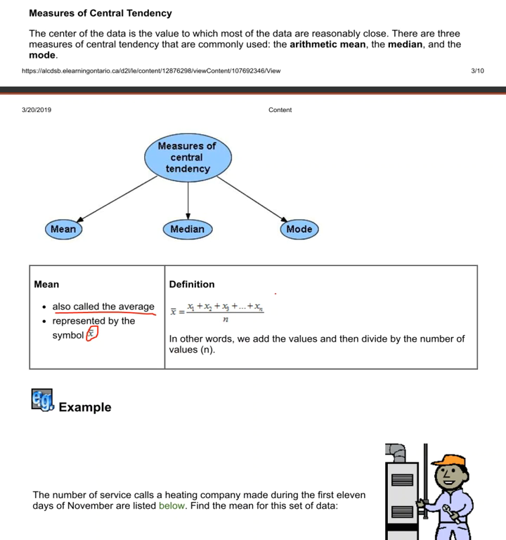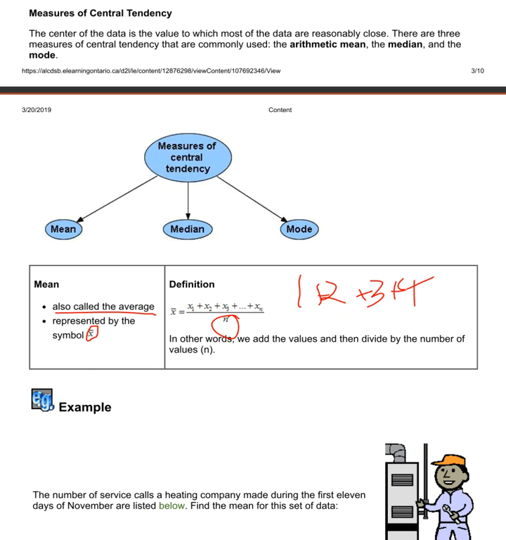I'm going to switch into tablet mode so I can tackle this a bit better. All right, if you're given a set of data, let's say 1, 2, 3, 4. There's your n. See how we have n there in the formula? Your n is 4, because there are 4 numbers, and you add them together. 1 plus 2 plus 3 plus 4.